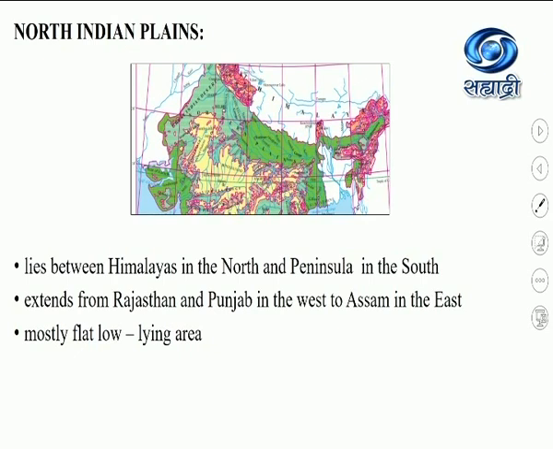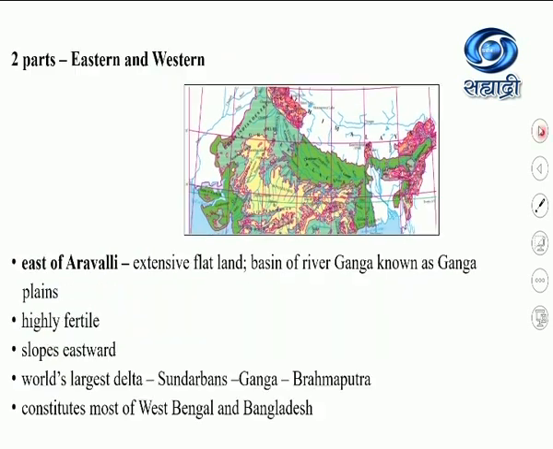Now, this North Indian plain extends from Rajasthan and Punjab in the west up to the extreme east, in the east of Assam. So the North Indian plain extends from west towards the east. When we talk about the North Indian plain, we can divide it into two parts, one towards the eastern and one towards the western part of the Indian subcontinent.